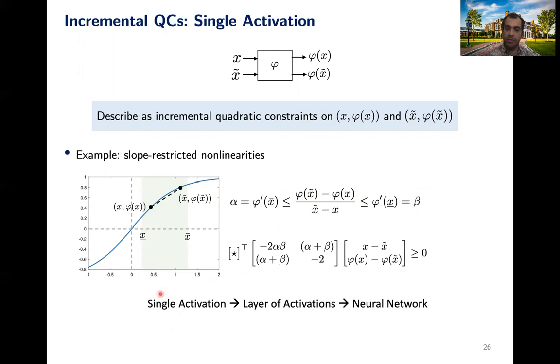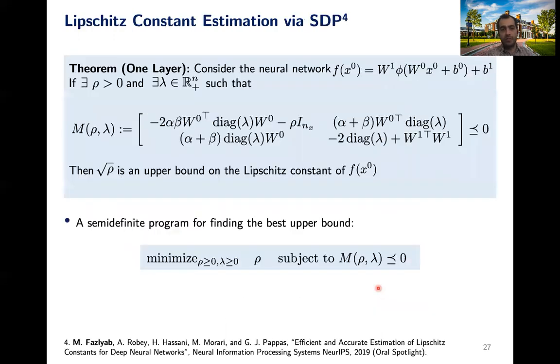We first abstract a single activation function. We then add all these incremental QCs with the corresponding Lagrangian multipliers to abstract away all the components of the neural network, and then verify an end-to-end incremental quadratic constraint for the whole neural network using semi-definite programming.